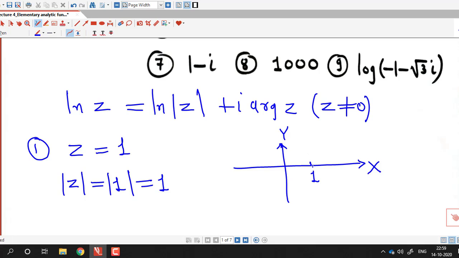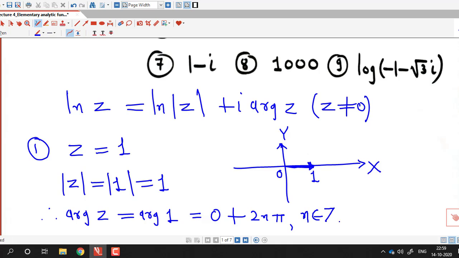Because z is on the positive real axis, the angle made by the vector representing z with the positive x-axis is 0. So the argument of 1 is nothing but 0 plus 2n pi, where n is any integer.